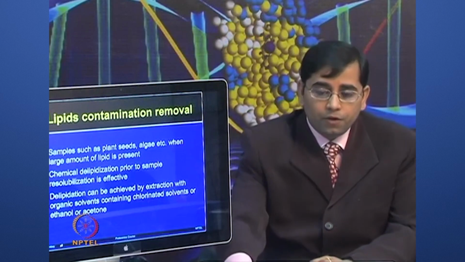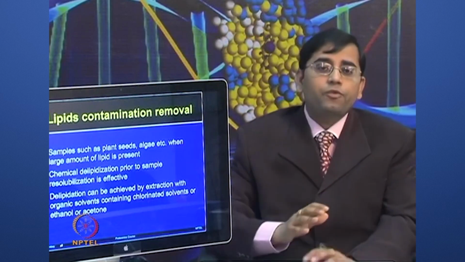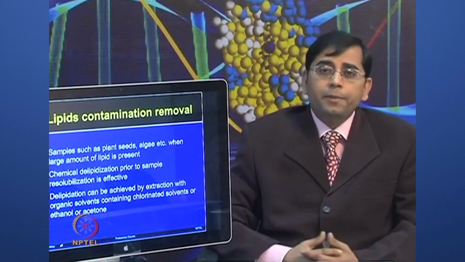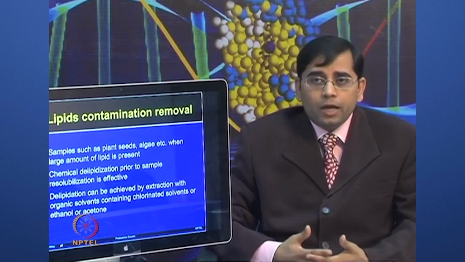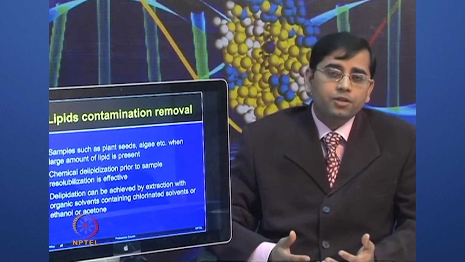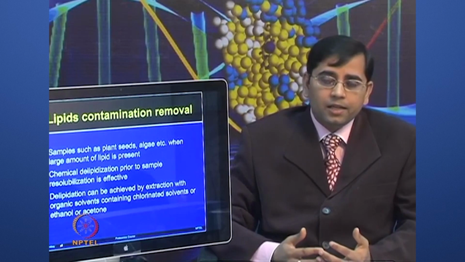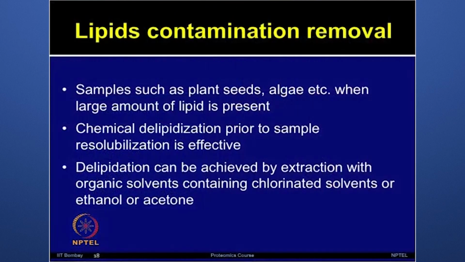But if your samples are very rich in lipid contamination, such as samples which are intrinsically rich in lipids like plant seeds or algae, you need to treat the samples using chemical delipidation prior to the sample resolubilization.